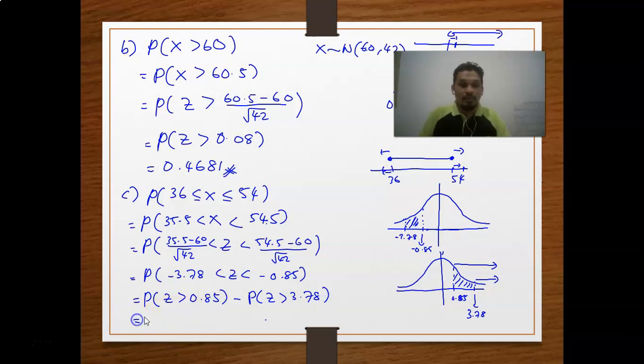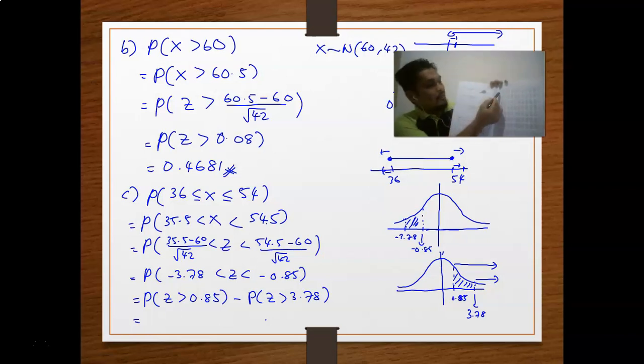For 0.85, please refer to page 21, the standard table of the standard normal distribution. Find 0.8 here and match with 0.05, so it is 0.1977.